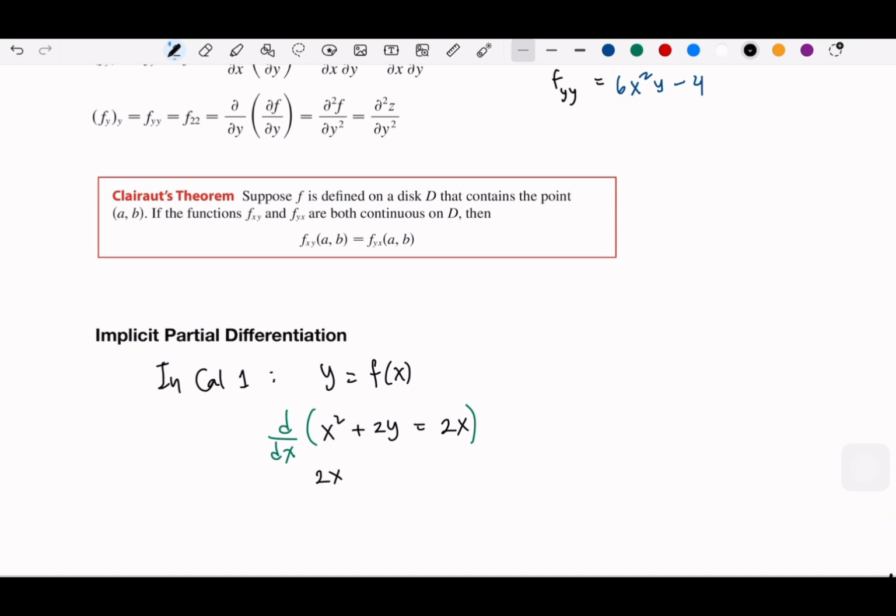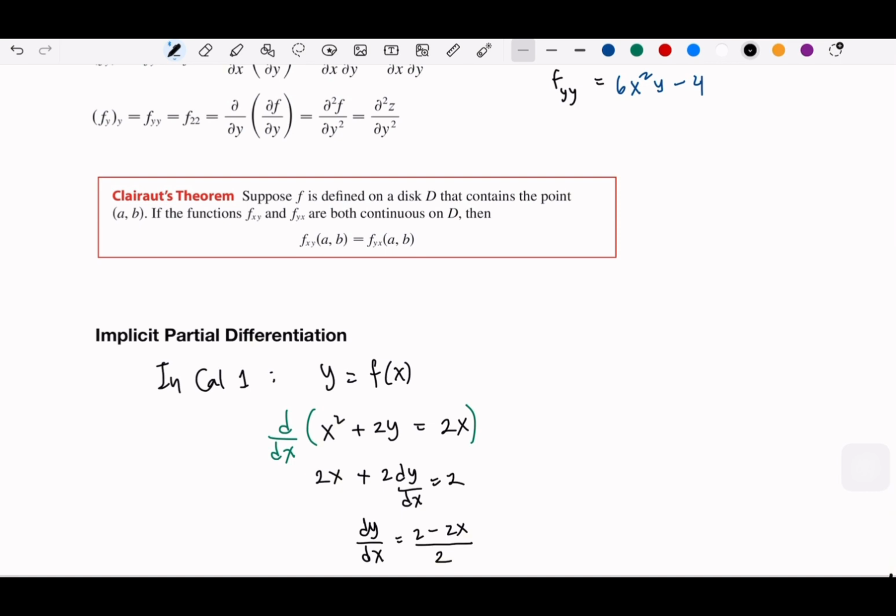But for y, we are going to deal with this y as a function of x, which means y depends on x, which results in dy/dx. So this will be plus 2 dy/dx and then equal to, and then we get easily our dy/dx, right? This is in calculus 1.